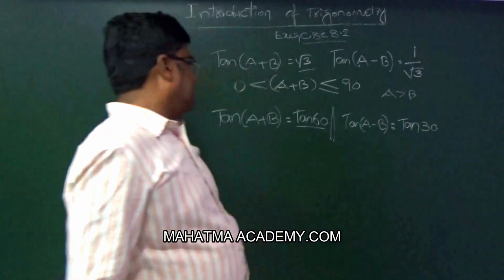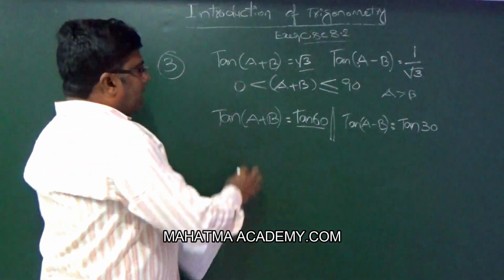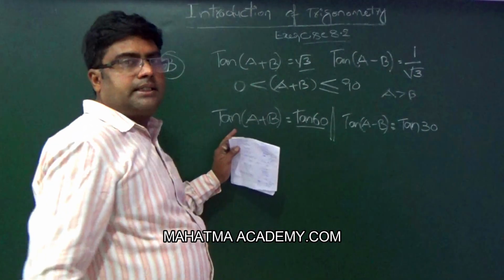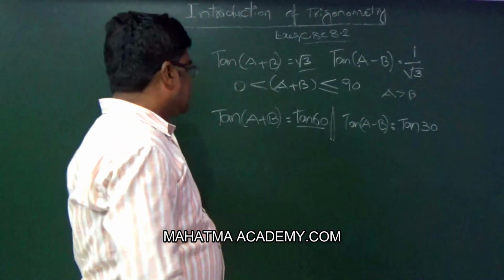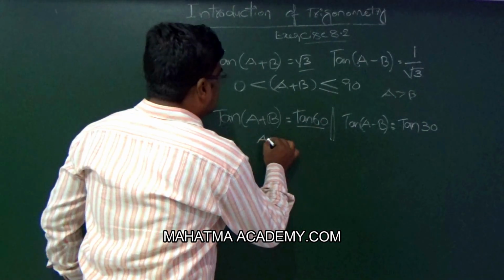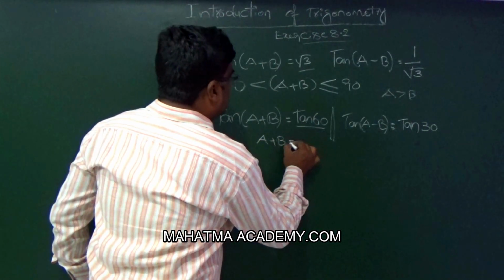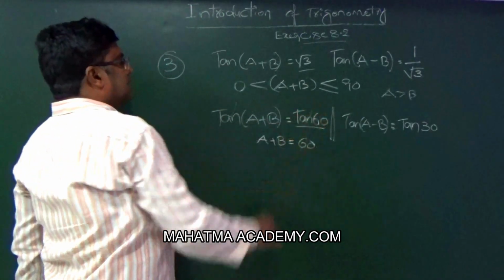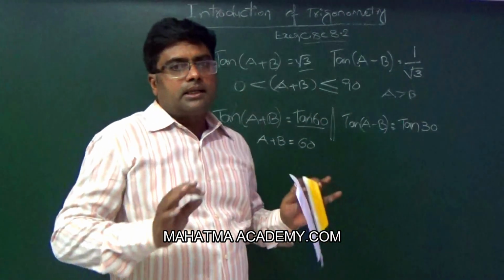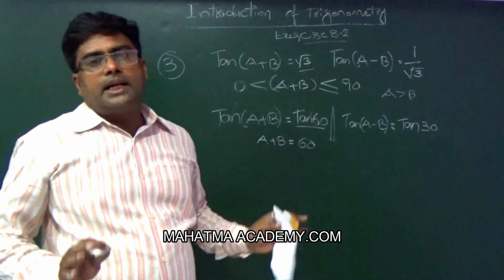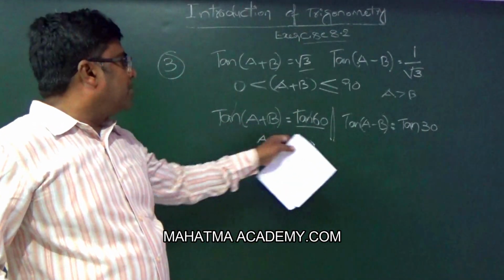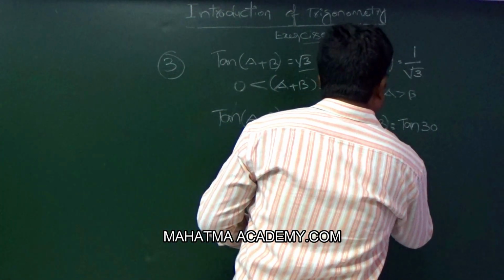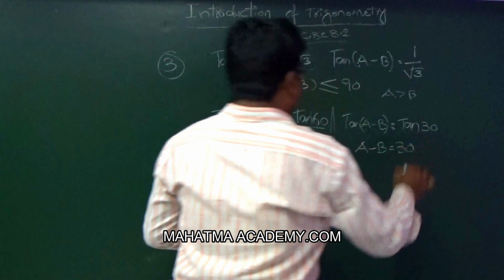So compare the left and right sides of these two equations. Don't strike off this tan, just compare left and right sides, and we will get a plus b equal to 60 and a minus b equal to 30 degrees.